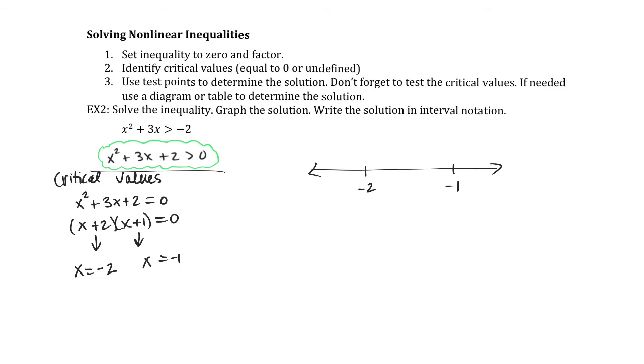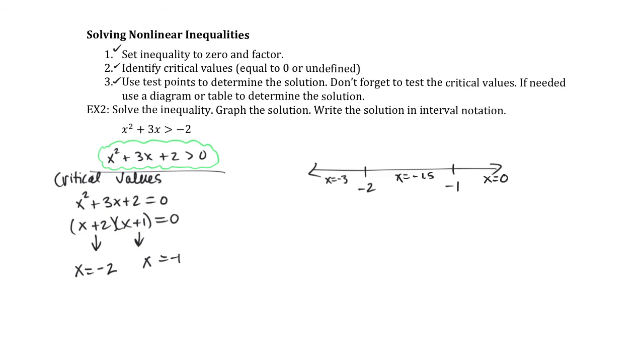For example, we can test x equals -3, maybe x equals -1.5, and then x equals something over here. The easiest one would be 0. So first we set the inequality equal to 0, we found our key points, and now we need to test those points.